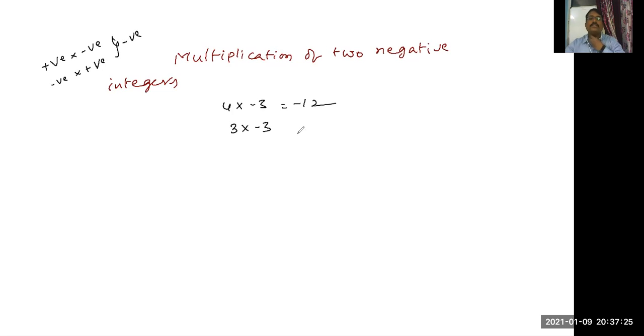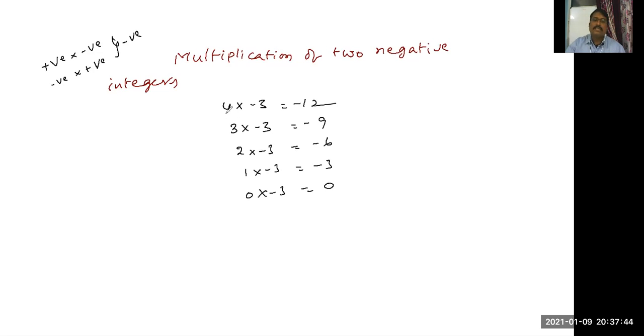We know that. So 3 into minus 3 is minus 9. Next, 2 into minus 3 is minus 6. 1 into minus 3 is minus 3. 0 into minus 3 is 0, because 0 into anything is 0.